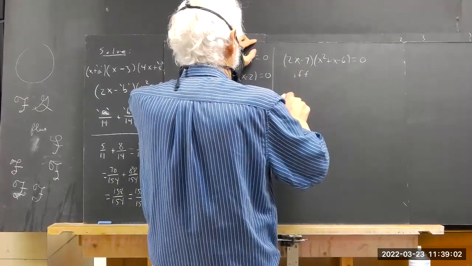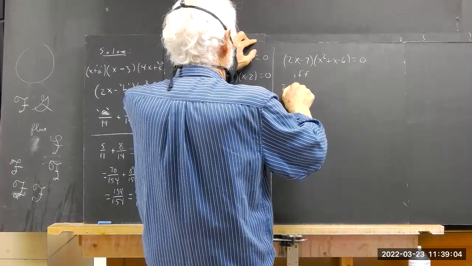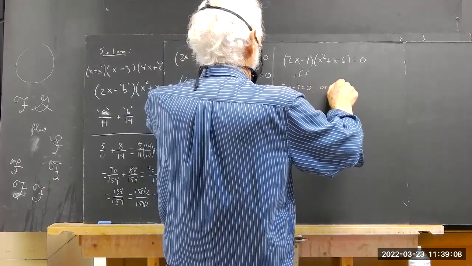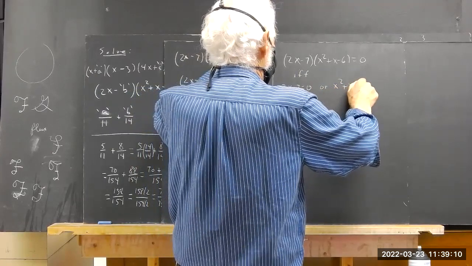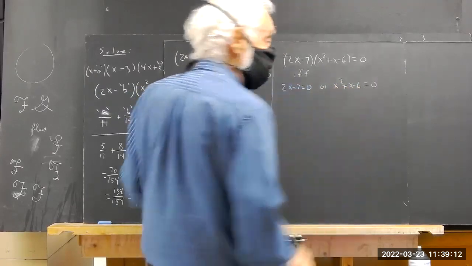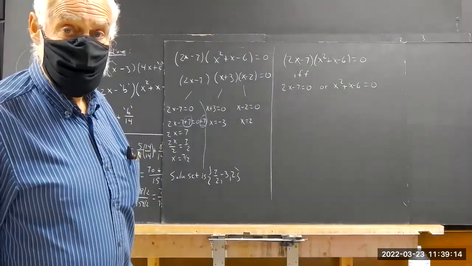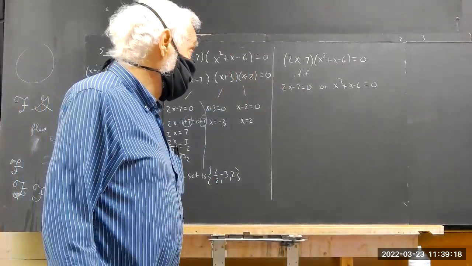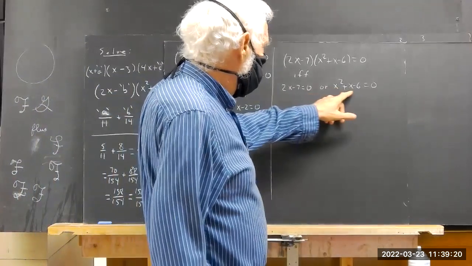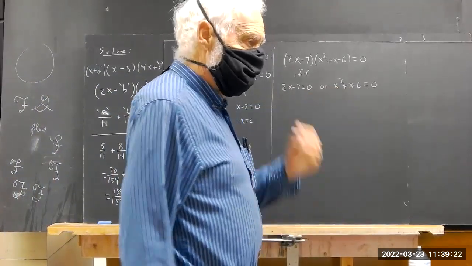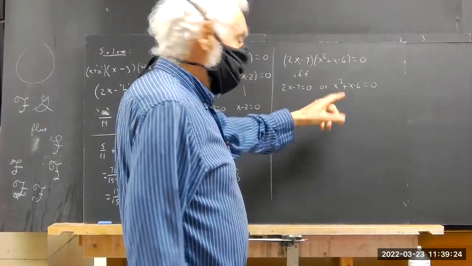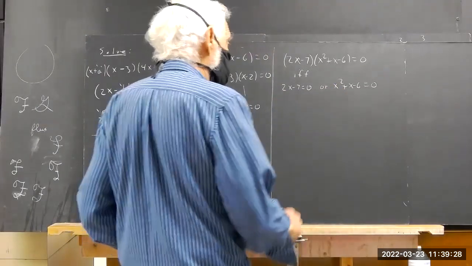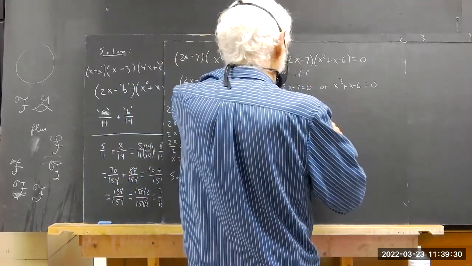Of course, this is true if and only if 2x minus 7 equals 0 or x squared plus x minus 6 equals 0, right? And this is an equally valid way to solve it. Well, of course, x squared plus x minus 6 equals 0 is something we can factor. So we can solve this by factoring.